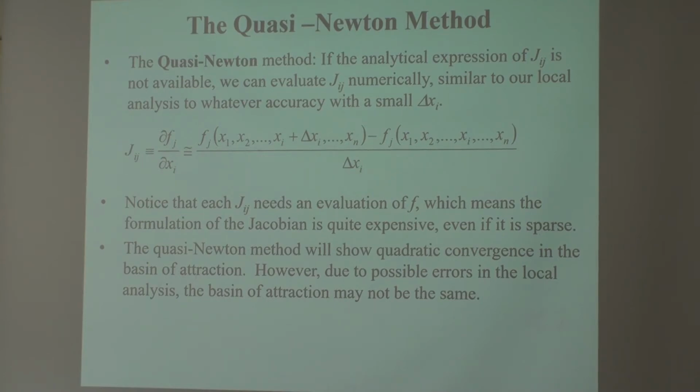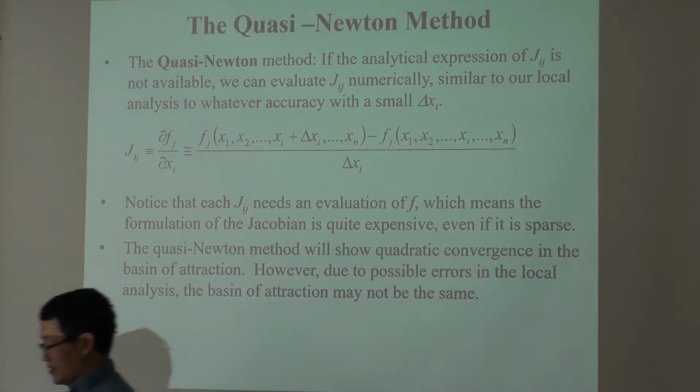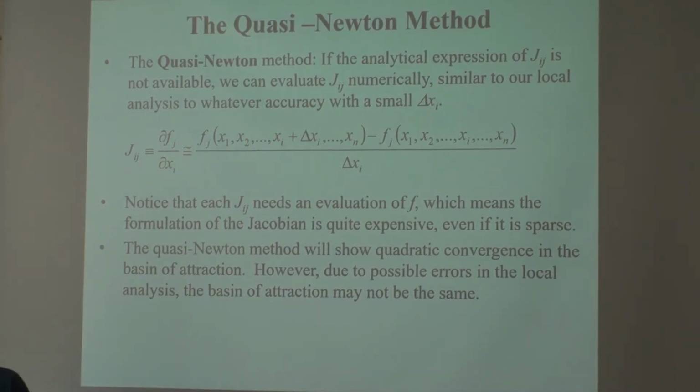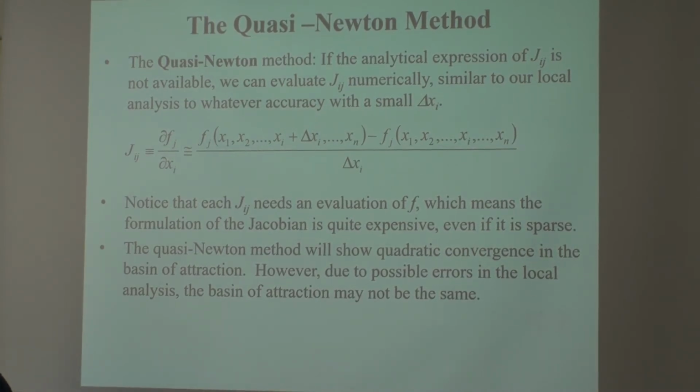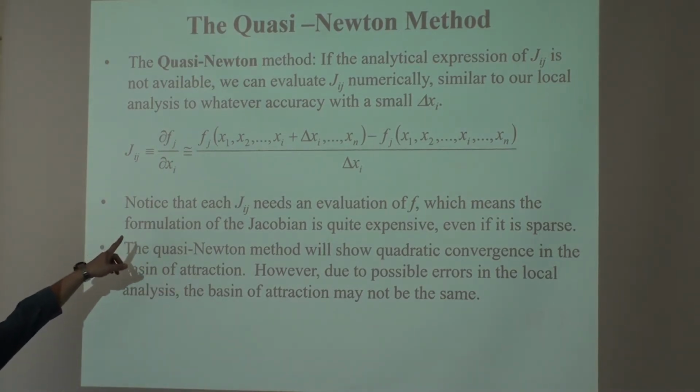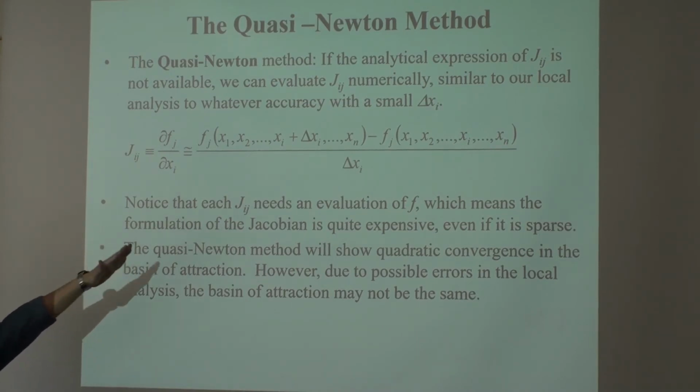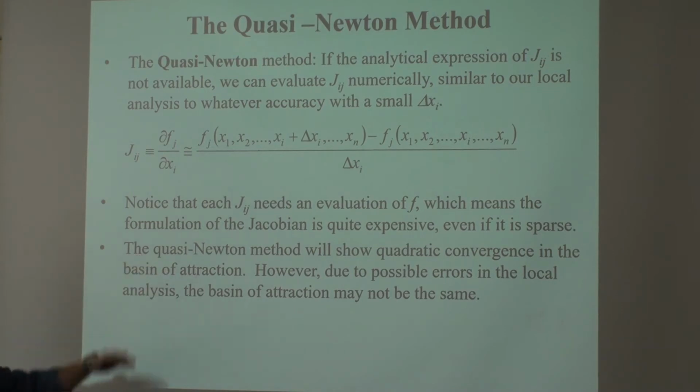In the multivariate case, everything has noise because of that estimation. So it can be even more vulnerable to instability. But many times, this is the only thing you can do, because I don't have a closed form of your derivative. I can only evaluate f. I can perturb my independent variable and calculate the slope. I don't have a closed form to evaluate that slope, which is not uncommon.